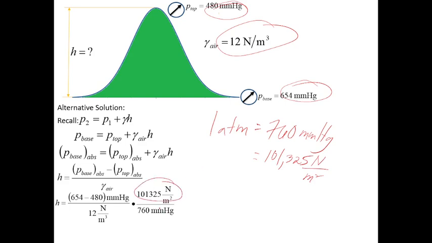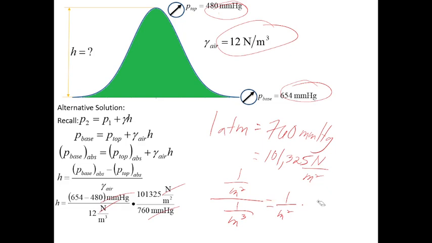This is 480 mm, this is 480 mm, so that we can cancel millimeters of mercury. So we have 760 millimeters mercury corresponding to 101,325 Newton per square meter. So Newton and Newton will cancel. What is left? We have 1 over square meter all over 1 over cubic meter. And this is now 1 over square meter times cubic meter over 1.